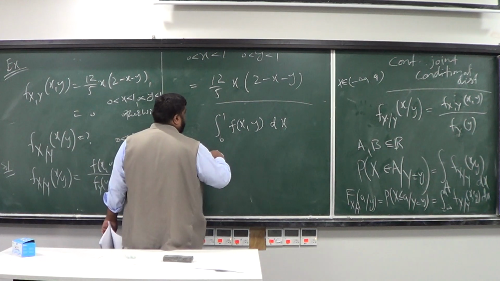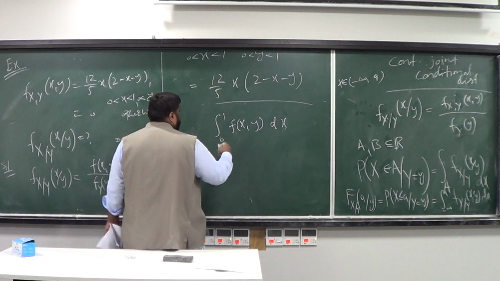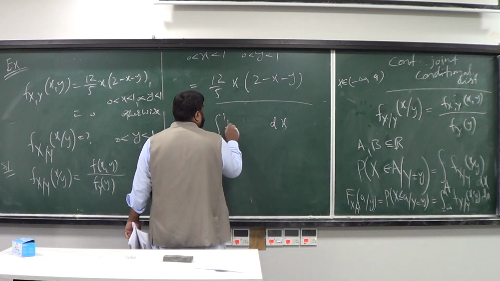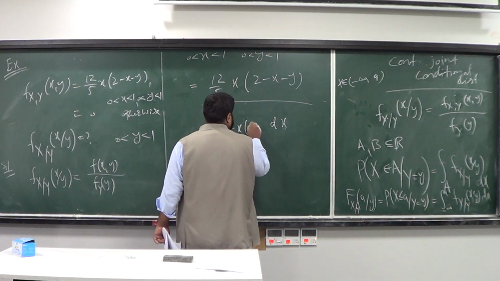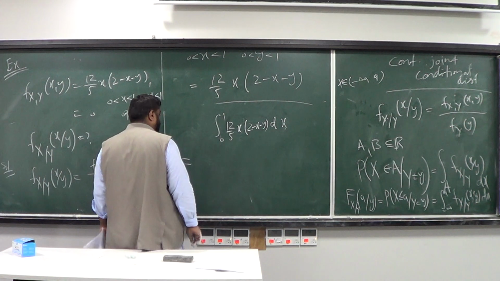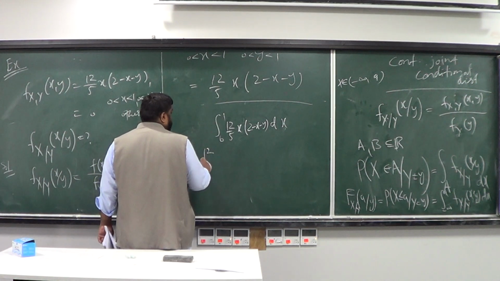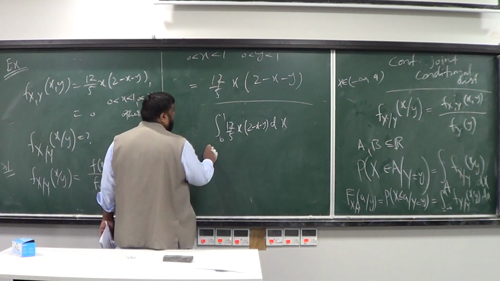And if your x and y are between 0 and 1, then the integral is going to be 12 over 5 times the integral of x times (2 minus x minus y) with respect to x. So it's a pretty simple integral. This 12 over 5 will get cancelled.